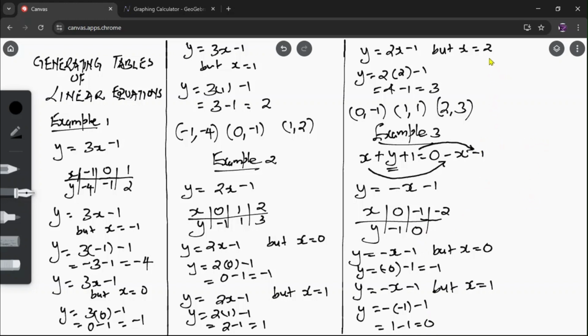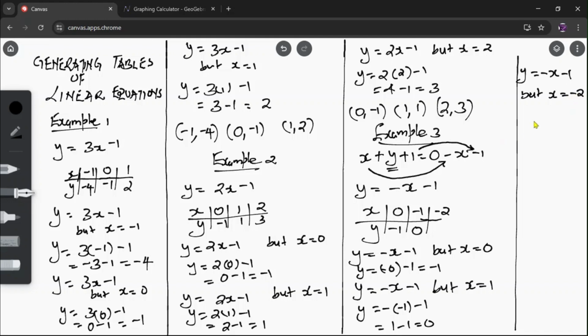Then lastly, you have the last one here. Y is equal to negative x minus 1. But the value of x in this column is minus 2.